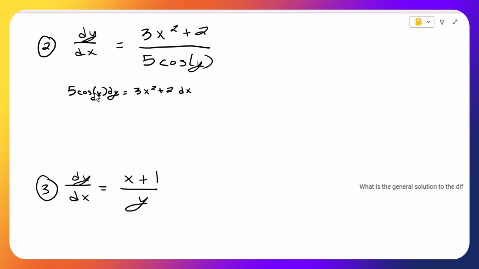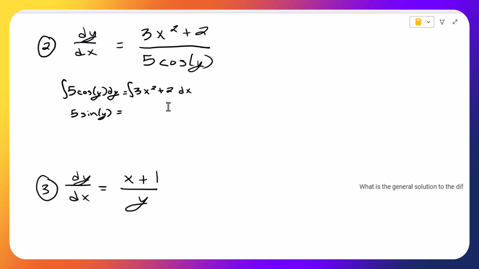How do we get rid of our dy and dx? We integrate. And we integrate both sides. What is the integral of 5 cosine y? Well, that's going to be 5 sine of y equals the antiderivative of 3x squared is x cubed.